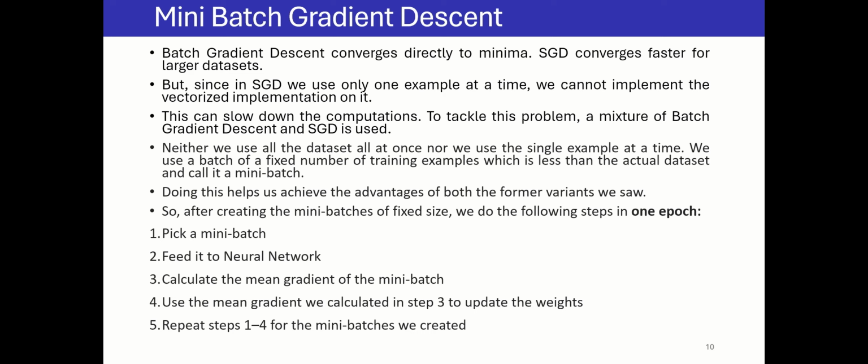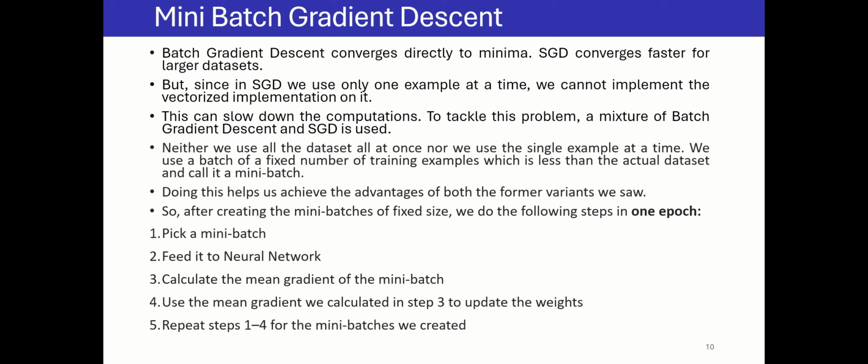We can divide the training set into mini batches and use one batch at a time. Like one example we were taking, but this time we will take one batch at a time. The same thing will happen, but here we will overcome missing the local minima because a batch will be taken.